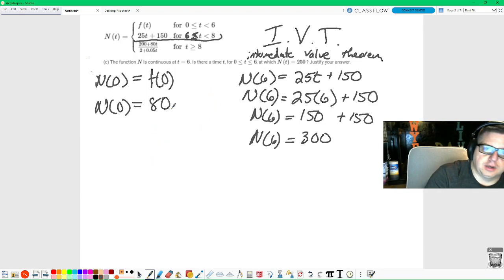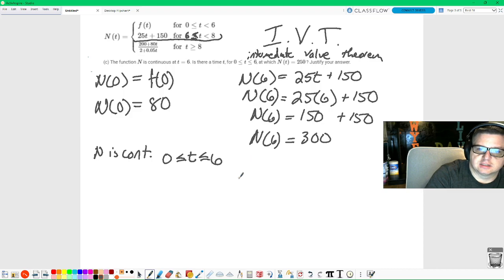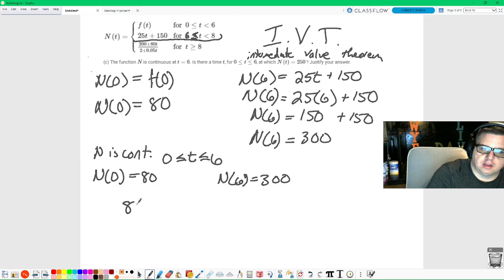Now, when doing IVT, n is continuous from 0 to 6. And n of 0 equals 80. N of 6 equals 300. So 80 is less than 250, which is less than 300.